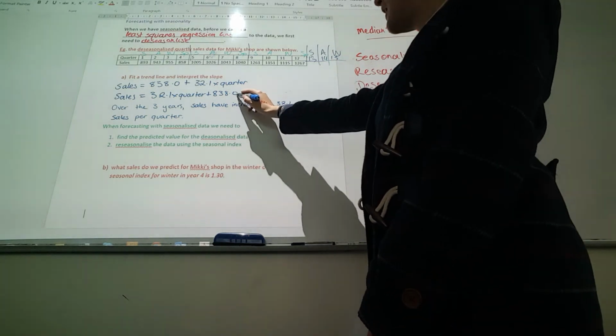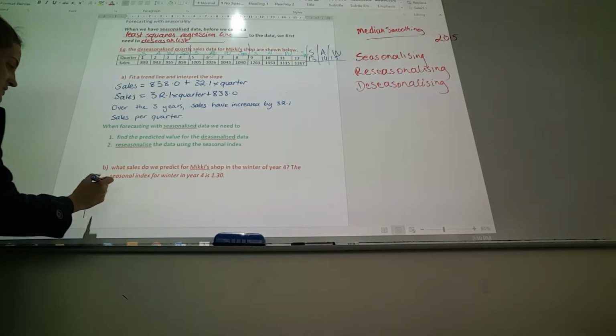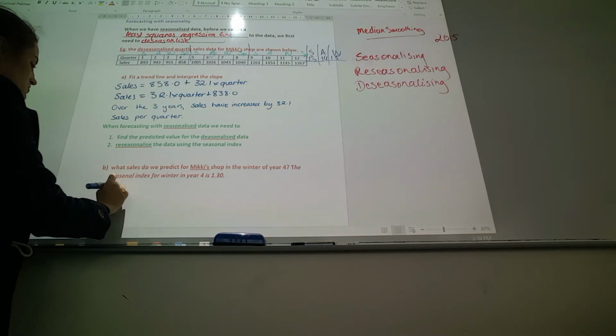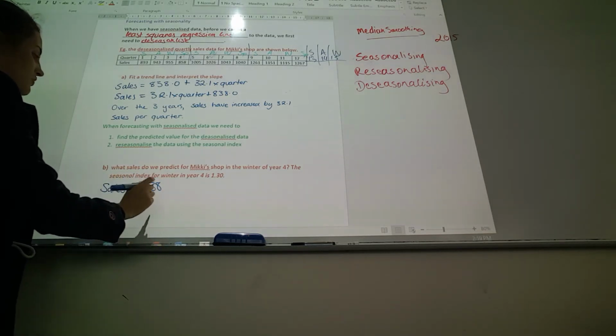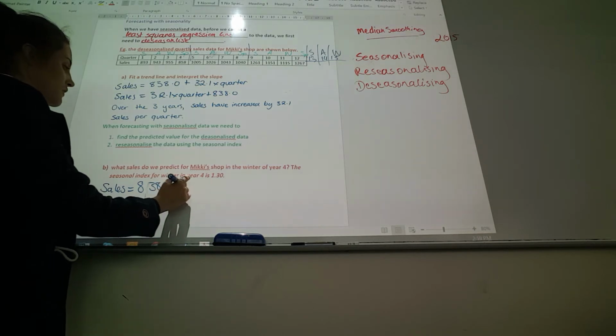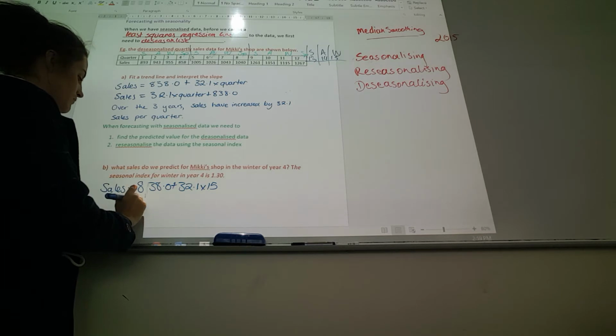So using either one of these formulas, our equations, sales equals 838.2 plus 32.1 times 15.